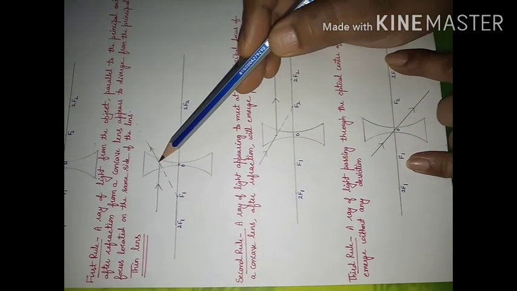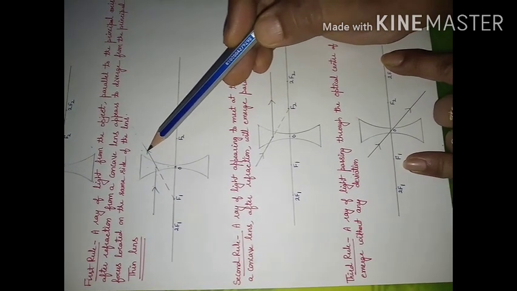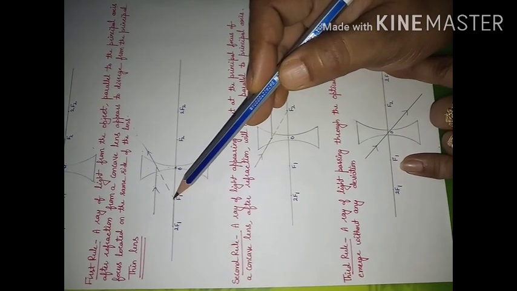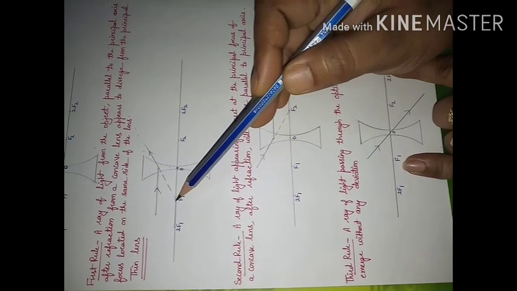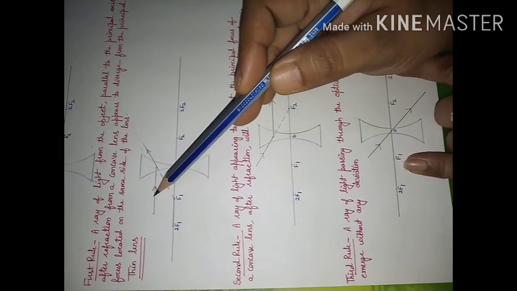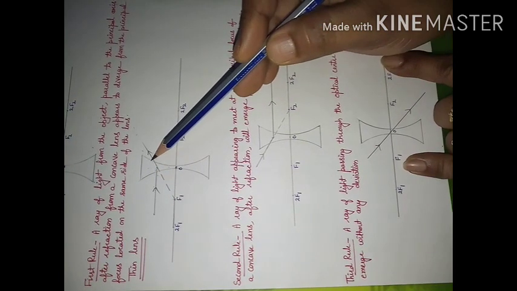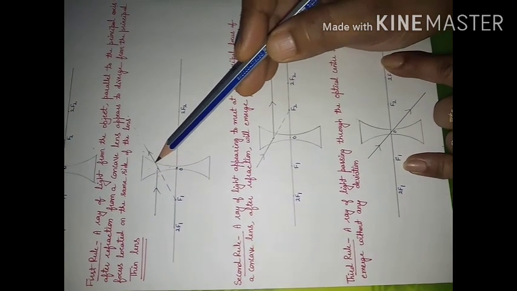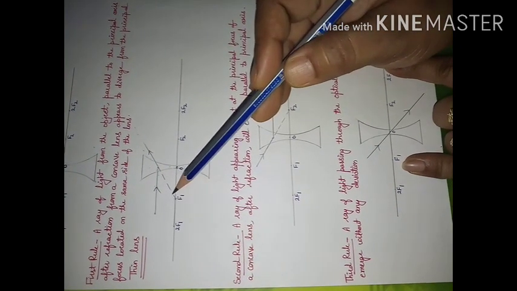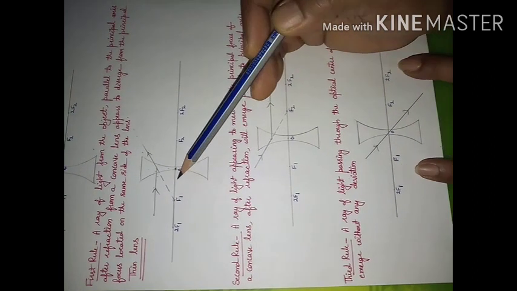So this will appear that it is diverging, and it will appear to you that this is diverging from this principal focus, and this focus has to be on the same side where you are going to consider incident ray. So this ray of light, after suffering refraction through concave lens, it will appear to diverge from principal focus, that is on same side of the lens. This side we are talking about.